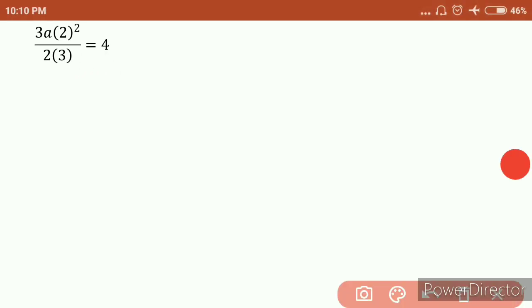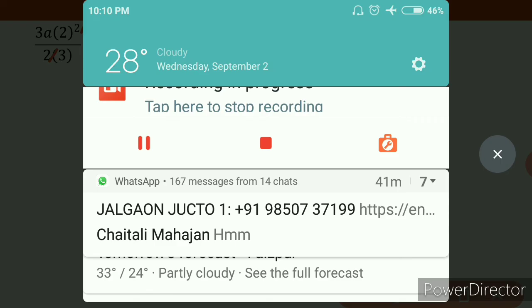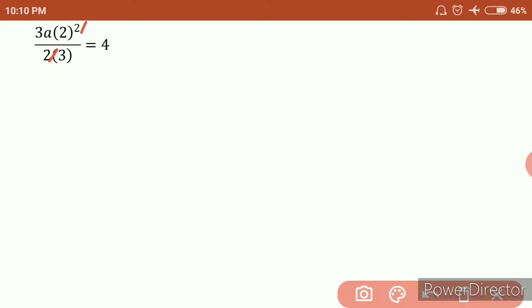And so we get 3a into 2 square divided by 2 into 3 is equal to 4. Now we observe that the 2 cancels with one of the 2s here, and 3 cancels with this 3. So we remain with 2a on the LHS.